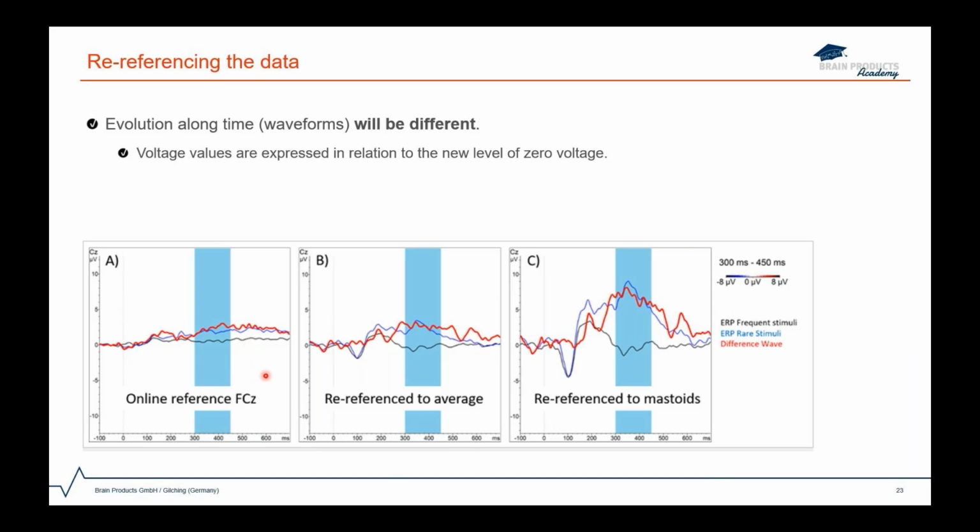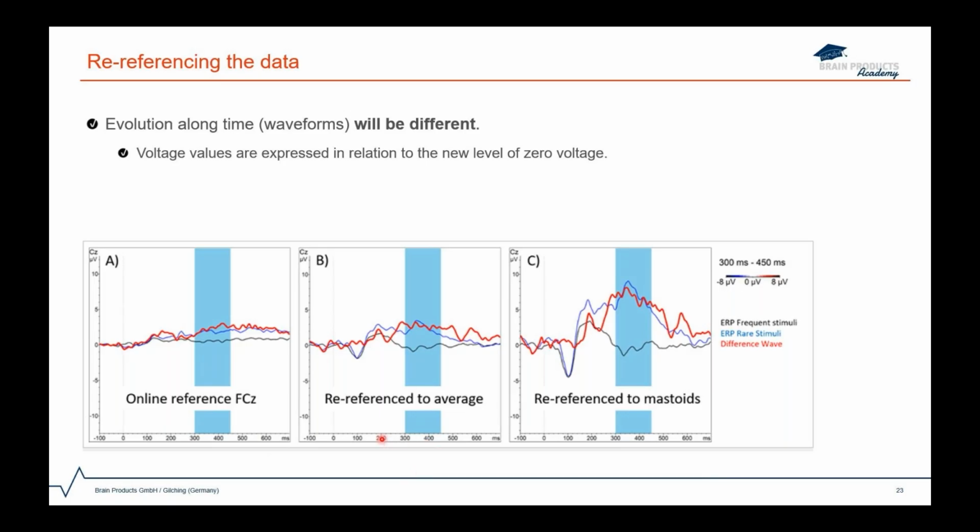And when we have our online reference at FCZ, and we look into channel CZ, which is very nearby, then we can see the difference between the two conditions is rather small, because the reference is subtracting a lot of activity, and this reduces the sensitivity to the experimental effect.